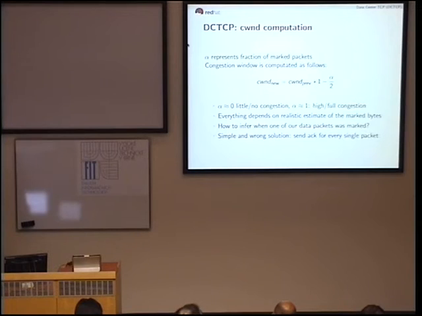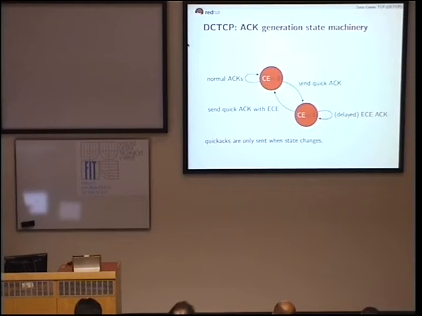So what Data Center TCP has, don't be afraid, it's not as scary as it looks. It's actually quite simple. Most of the time we will be in the CE0 state, and we will just do completely normal ACK processing like with any other TCP stack. The only difference is basically when we start to transition out to the CE1.